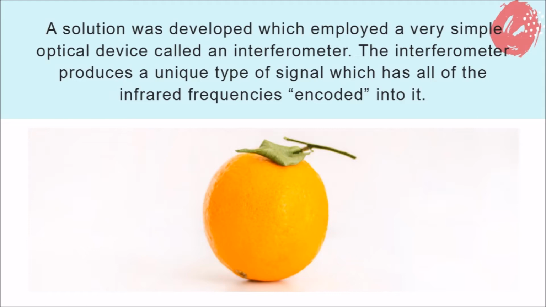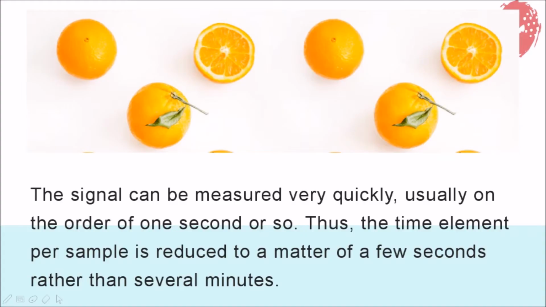The interferometer produces a unique type of signal which has all of the infrared frequencies encoded into it. The signal can be measured very quickly, usually on the order of 1 second or so. Thus, the time element per sample is reduced to a matter of a few seconds rather than several minutes.